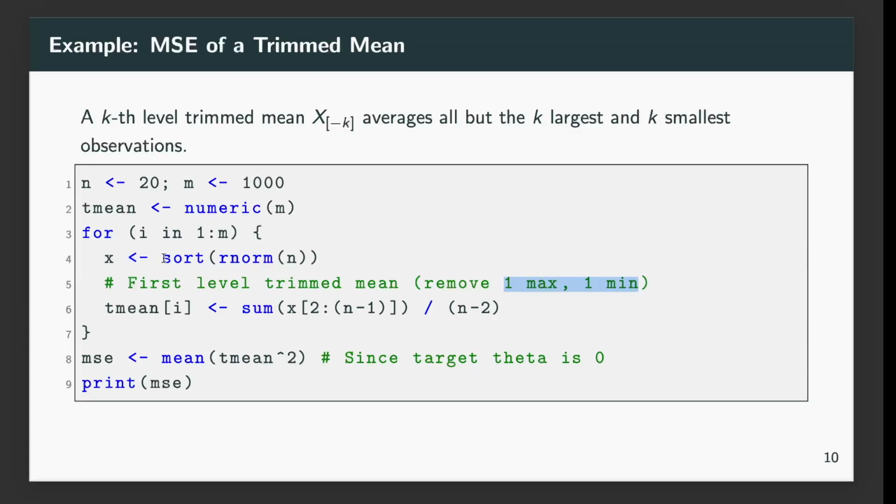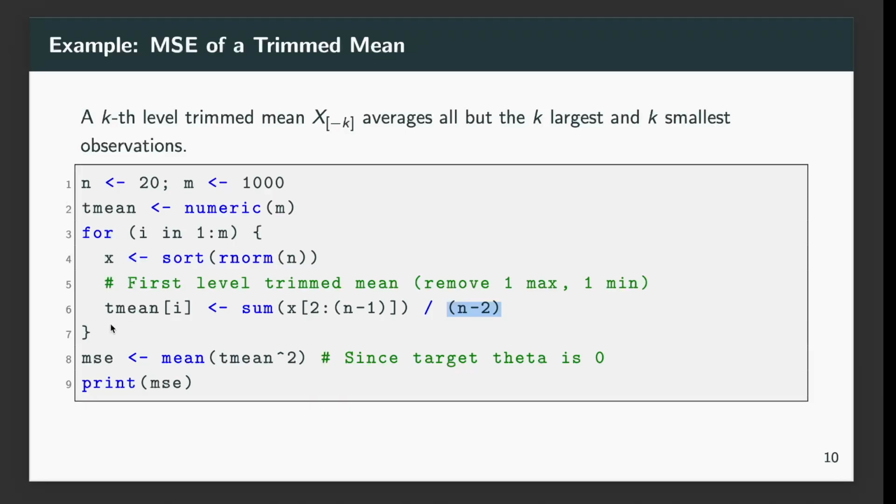Then the t mean would be the sum of x2 until x19, since n is 20, divided by n minus 2.